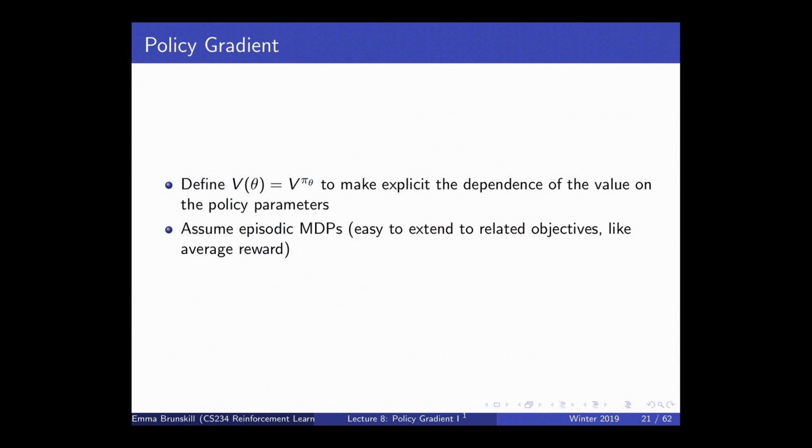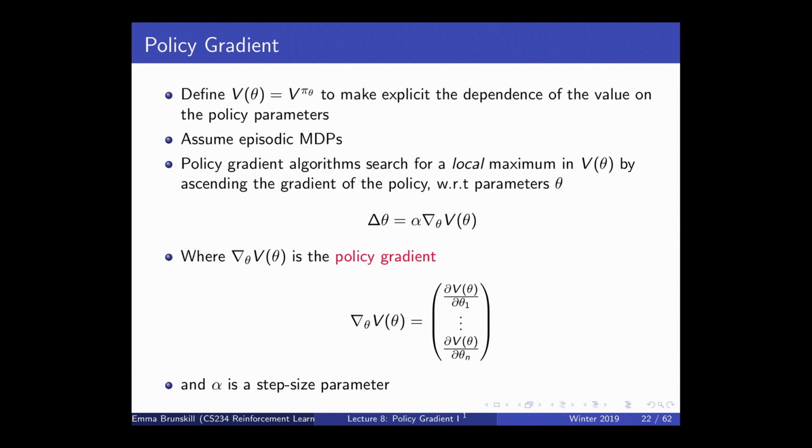We're again going to define things in terms of theta so that we're explicit about the parameter. And we're going to focus on episodic MDPs, which means that we run our policy for a certain number of time steps until we reach a terminal state, or for a certain number of steps, maybe 8. We get some reward during that time period, and then we reset. We're looking for a local maximum, taking the gradient with respect to the parameters that define the policy, and then using some small learning rate.